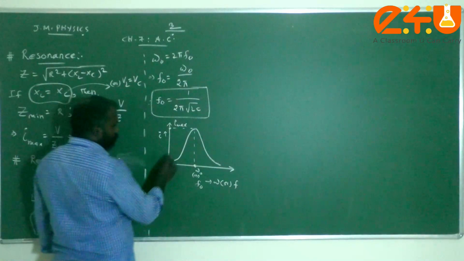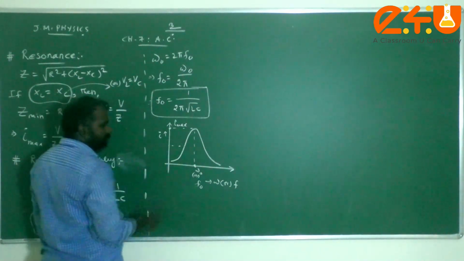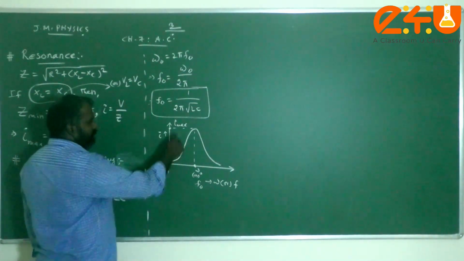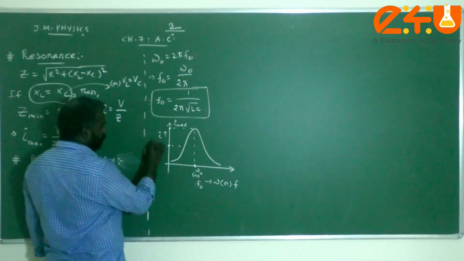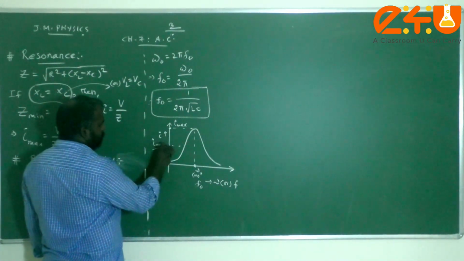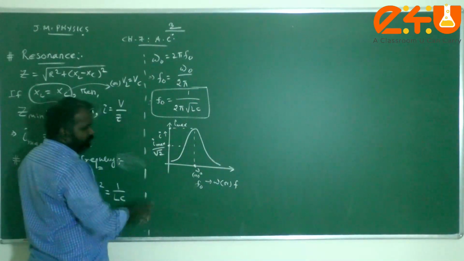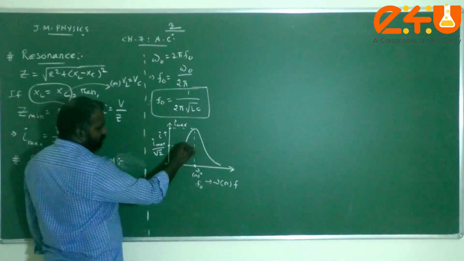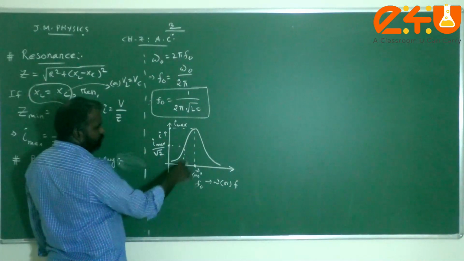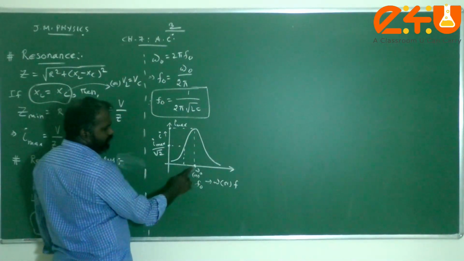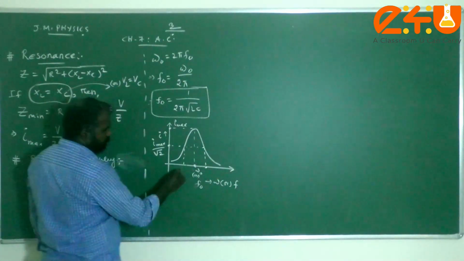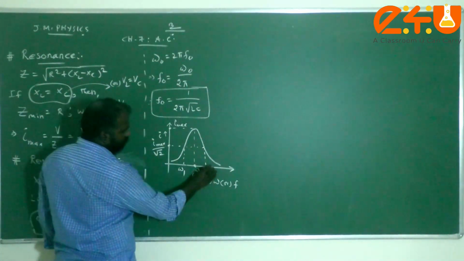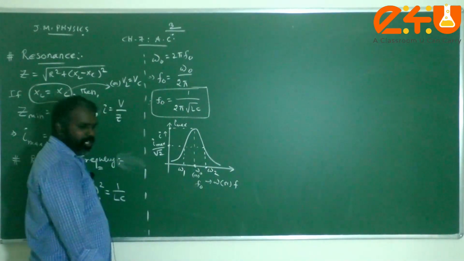Now, we are going to see the RMS value. We know that RMS value is maximum by root 2. So, this is nothing but I max by root 2. For this current value, the corresponding frequencies on either side of the resonance frequency are taken to be omega 1 and omega 2.